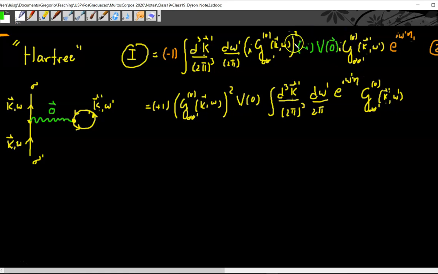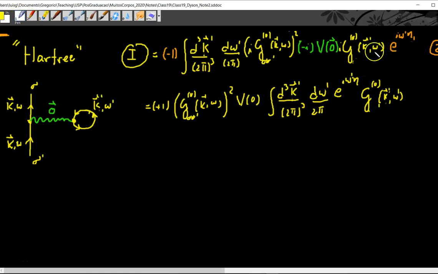Okay, but now what I'm left with is these integrals in k prime and omega prime. There's this factor here, and there's the free propagator g0, which is going to give me this delta function here. And here, this is the same index, right? I'm returning to the same point, so it should be diagonal, right?